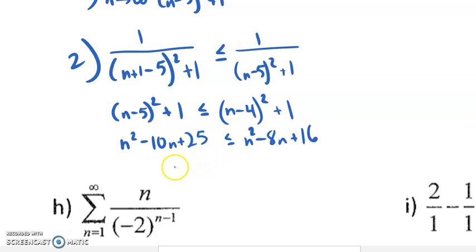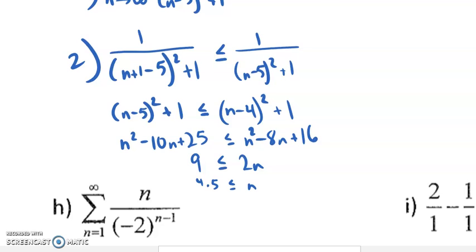The n squareds can get subtracted out. We can subtract 16 from both sides. We can add 10n to both sides. And we get 2n. So n is greater than or equal to 4.5.